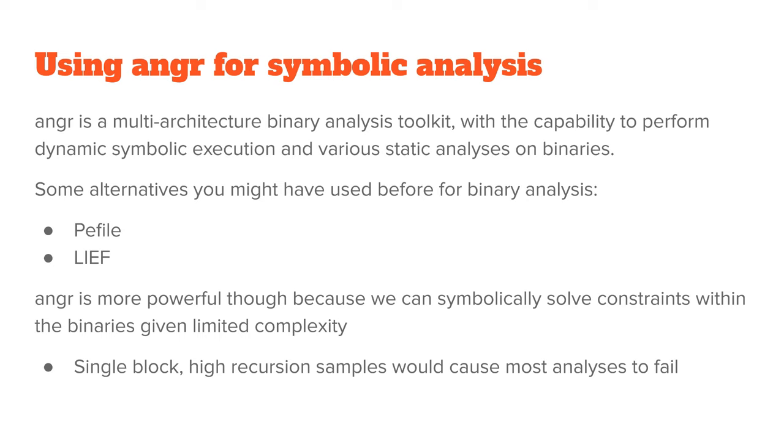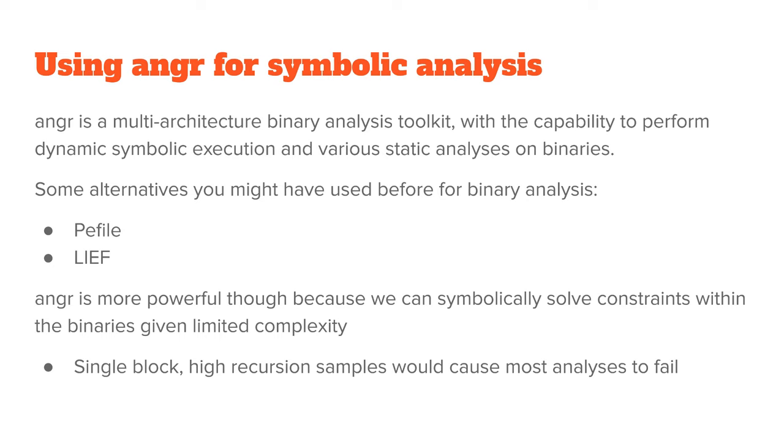pefile, that one is strictly Windows PE files, of course. LIEF, that one can do Windows PE. It can do Linux ELF, and then it can also do Mach-O for Mac. I want to say it might even be able to do APKs, but I can't guarantee that. angr is more powerful, though, because we can symbolically solve constraints within the binaries given limited complexity.